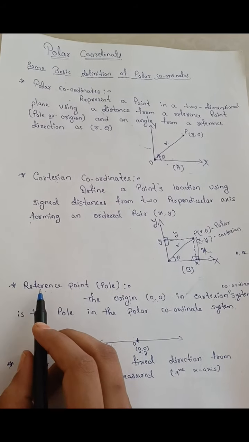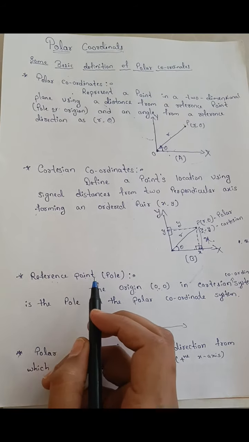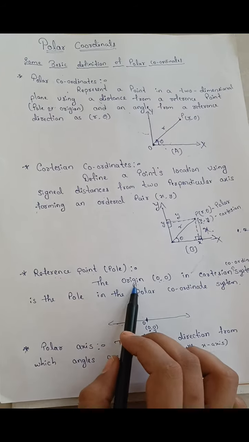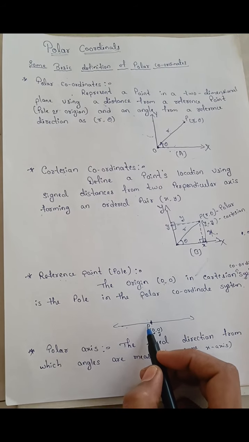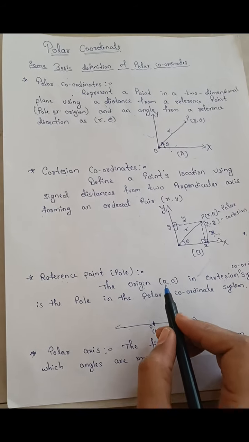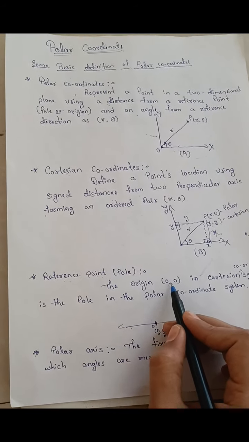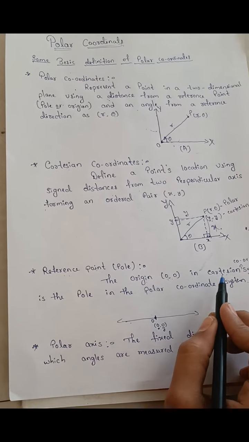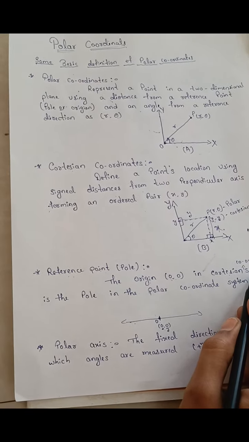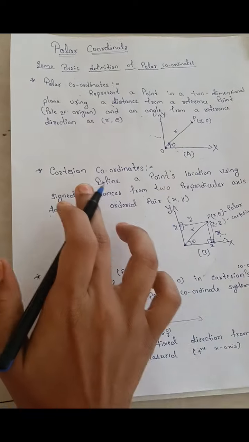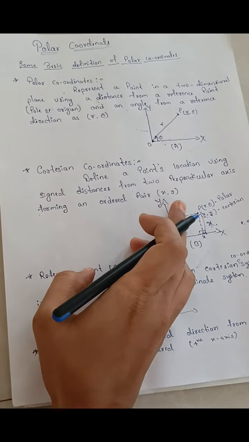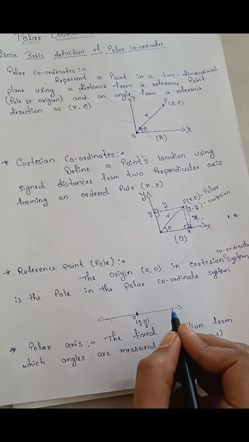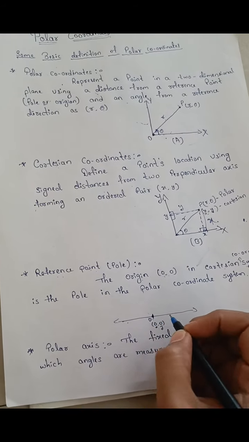Next definition is reference point. Reference point is nothing but the pole. The pole starts from the origin point O, which is the ordered pair (0, 0). In the Cartesian coordinate system, which we have already discussed as (x, y), the x value is 0 and the y value is 0.